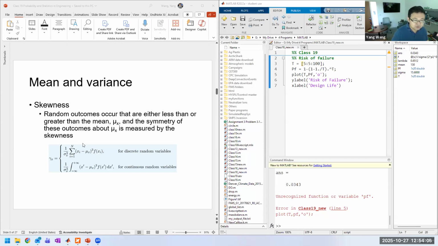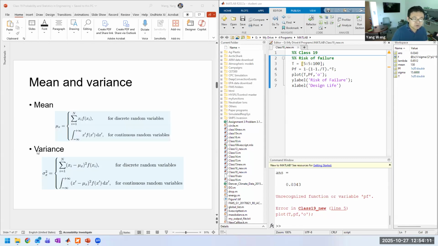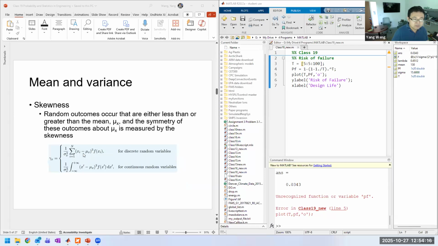So you can imagine if you're using the dice as an example again, the dice has, we said, a large variance, because the values are not concentrated near the mean value. But at the same time, if you use this equation, because everywhere is 1 over 6, the values smaller than the mean value and the values larger than the mean value are basically symmetric. And here, since you're taking the cube, they will eventually cancel out, as we're doing the summation.